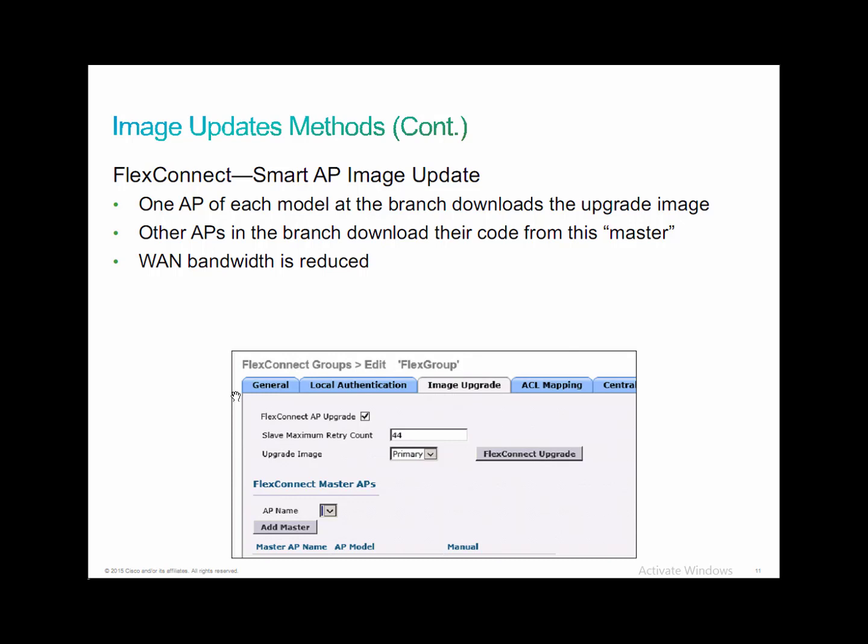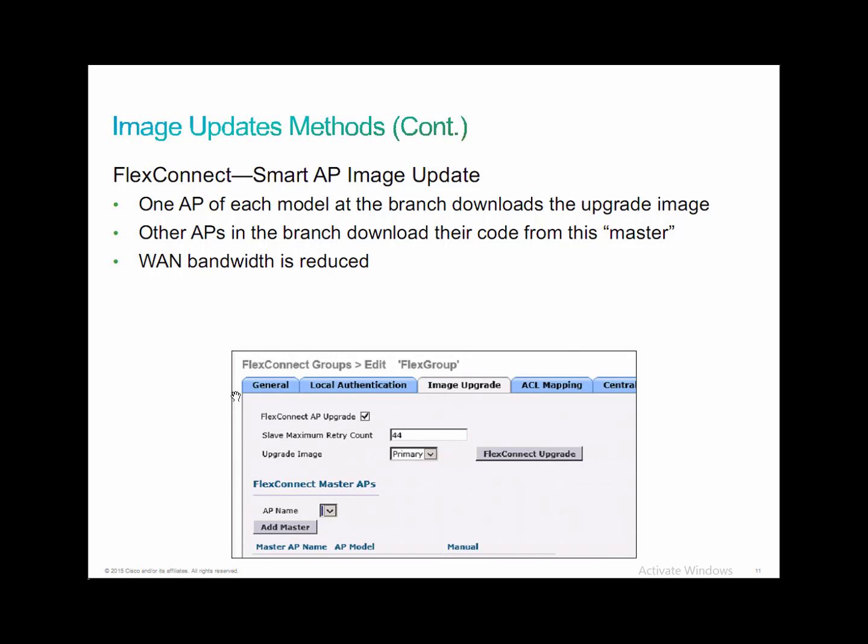I've used that quite a few times actually. You do have to configure a few components. You have to use FlexConnect groups. When you enable this feature, one access point of each model in that branch office downloads the upgrade image over the WAN link.